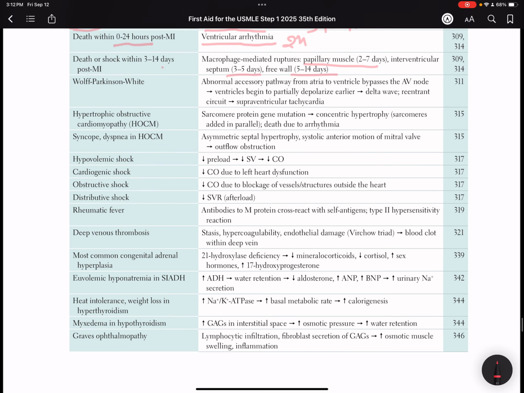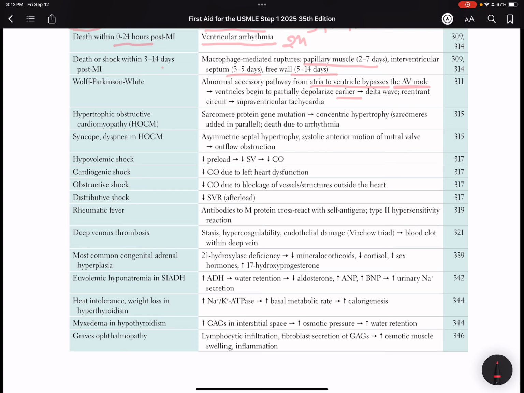Next is Wolff-Parkinson-White syndrome. WPW syndrome. This is abnormal accessory pathway from atria to ventricle, bypasses the AV node, which leads to ventricles beginning to partially depolarize earlier.